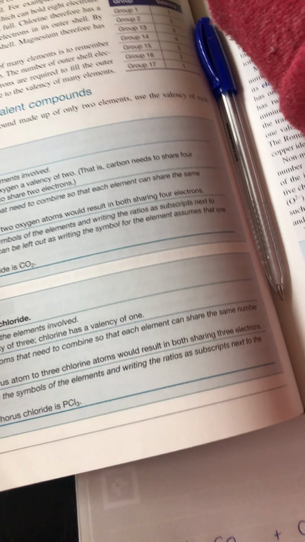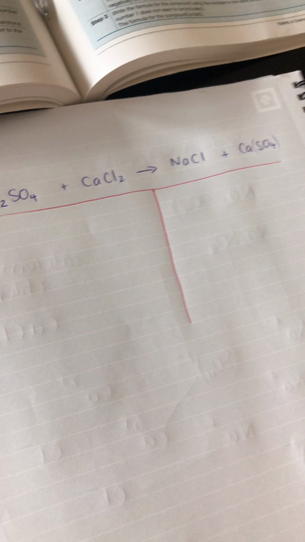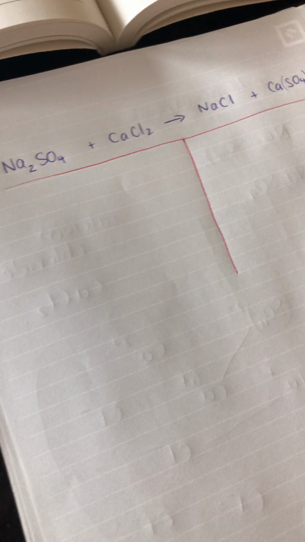I might just use a red pen. All right. So the longhand guaranteed never to fail technique is you put your T underneath. You then list all of the elements and you only list every element once.